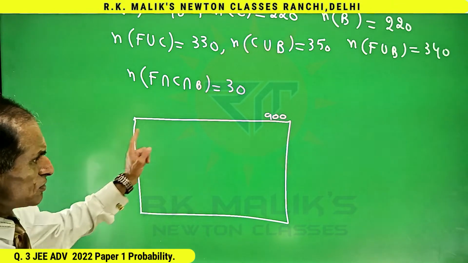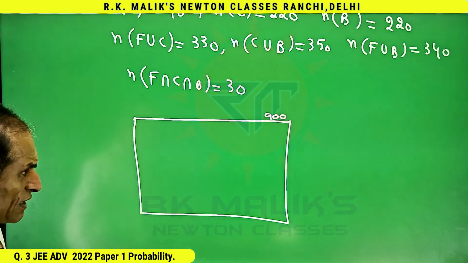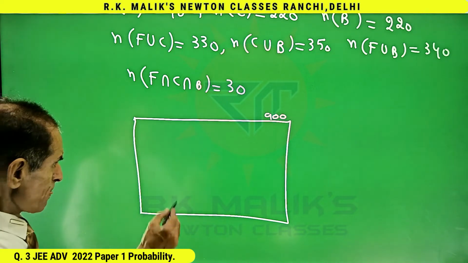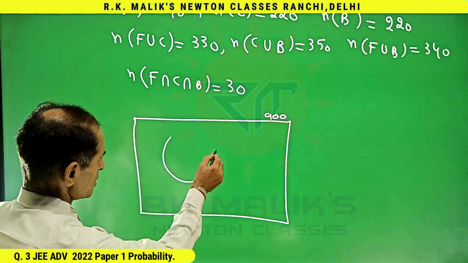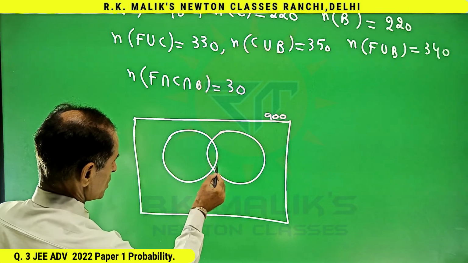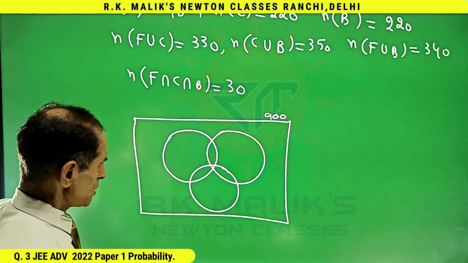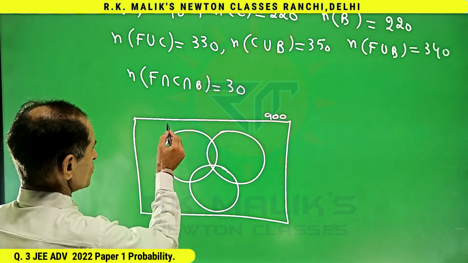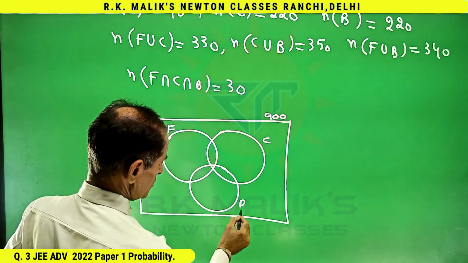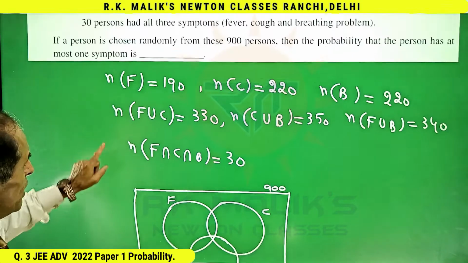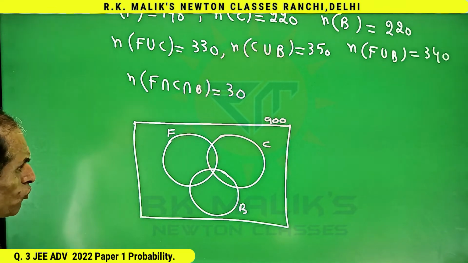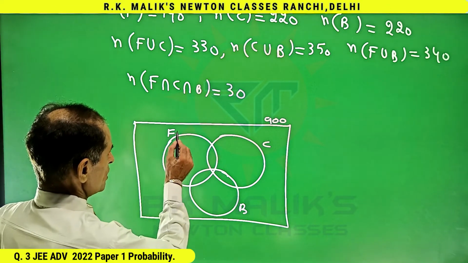In terms of Venn diagram, this whole rectangle contains 900 persons. Suppose this is the set F, this is the set C, and this is the set B. According to this information, N(F) is equal to 190.